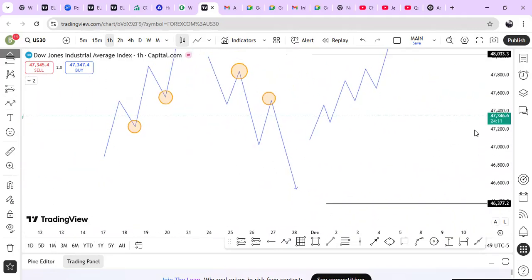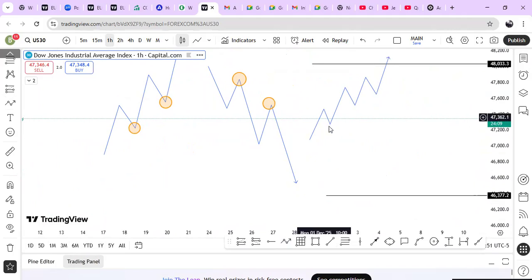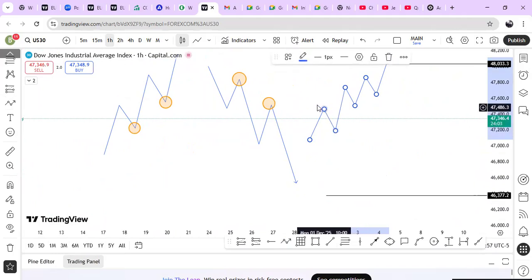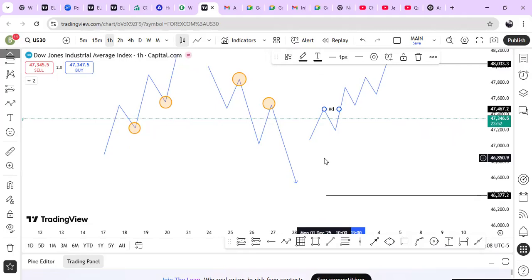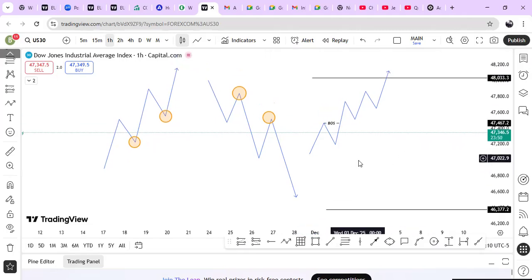Do we get? Like impulse, correction, impulse. Once the next impulsive push closes above the original last correction with a full candle, it's called a break of structure. They term it BOS, break of structure.